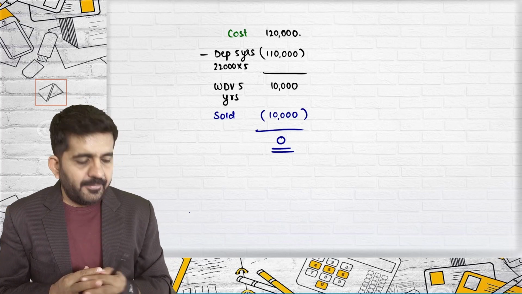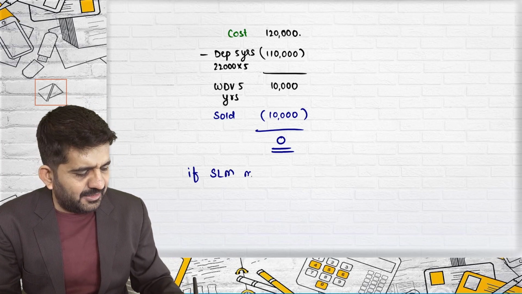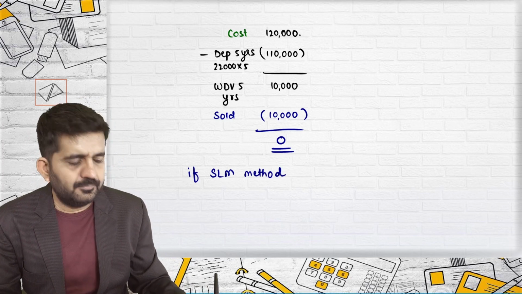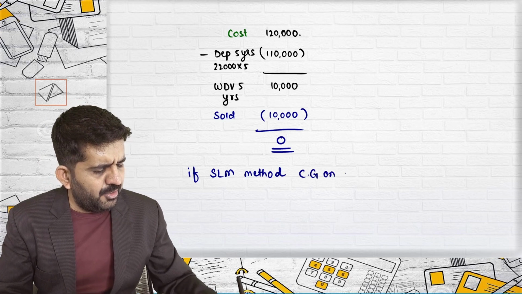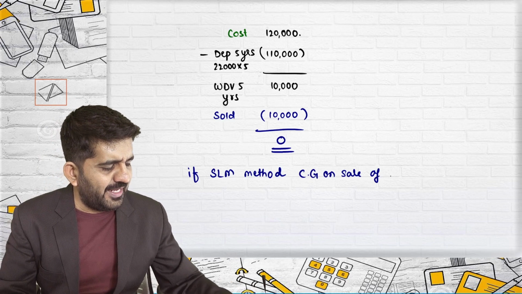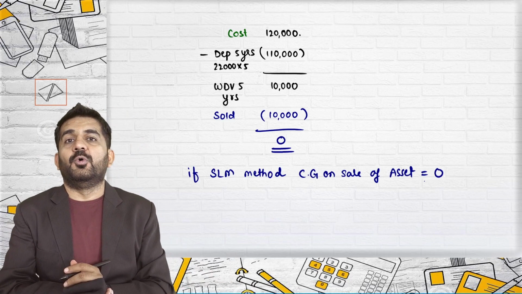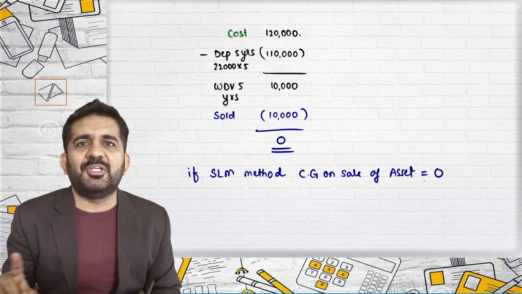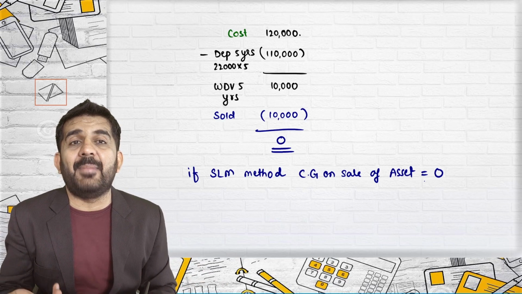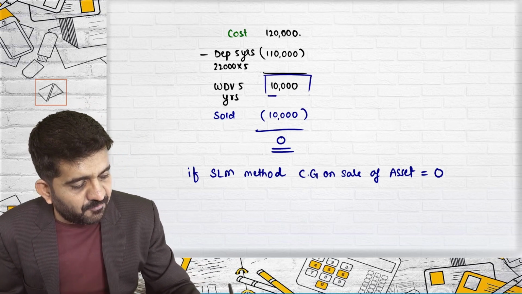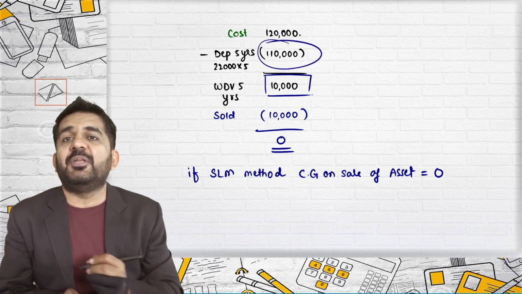Please concentrate. If it is the SLM method, capital gain on sale of asset is always equal to 0. In the SLM method, you don't have to calculate capital gain. It is very logical. In the SLM method, WDV after 5 years will always be 10,000. How? This is the total depreciable amount.